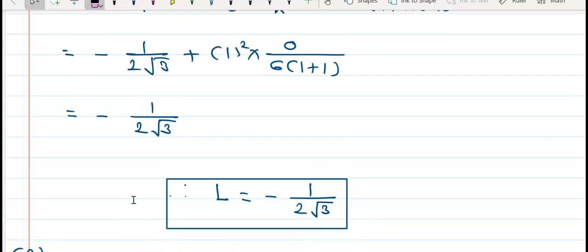In this way, the answer is L is equal to limit is equal to minus 1 upon 2.